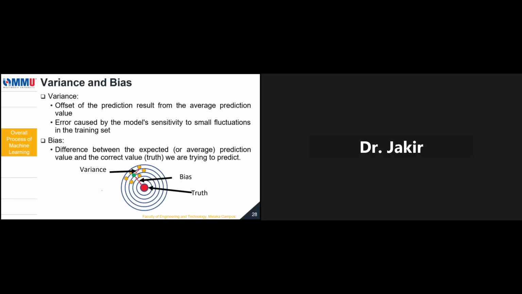There is one figure here showing what variance is: the offset or distance between two data points, and we call that the variance. And what is bias? It is clearly written here. It is the difference between the expected or average prediction value and the correct or true value.